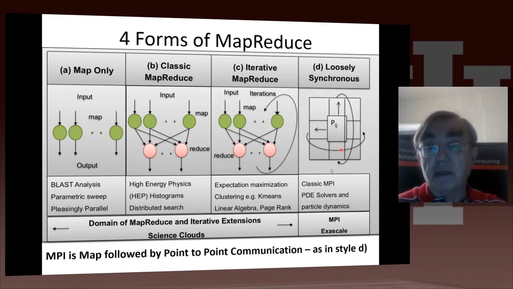And then the final set D is possibly the most common example up to now in parallel computing, where you can think of parallel computing of, say, looking at the evolution of the universe with partial differential equations or particle dynamics. Those have a similar structure with independent processing, which can be called maps. But then the type of communication between the processes is rather different.